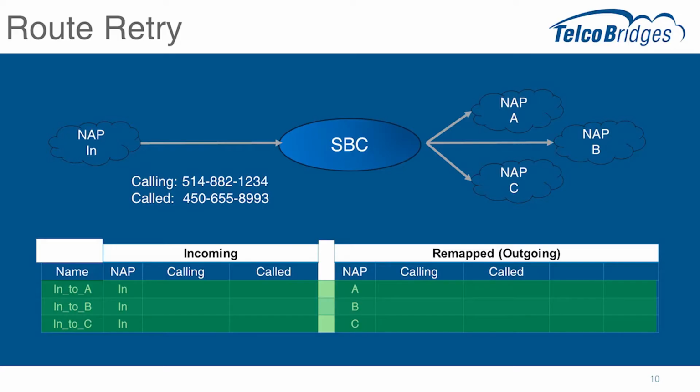Route retry. I mentioned it a little bit. We talked with James about that. By default, when you get a call in and you have more than one option for this particular call, it will try them in order of priority.